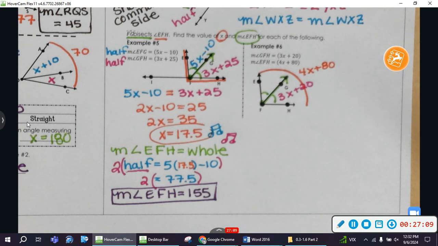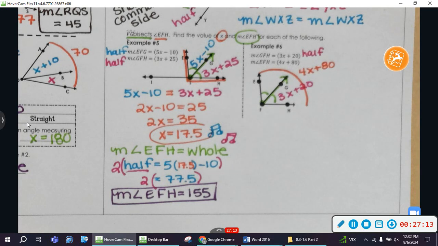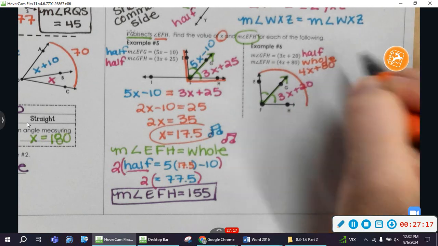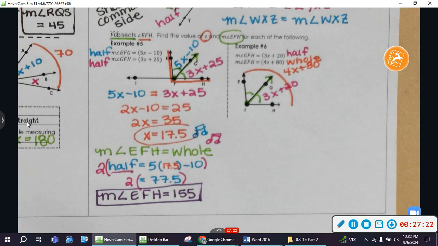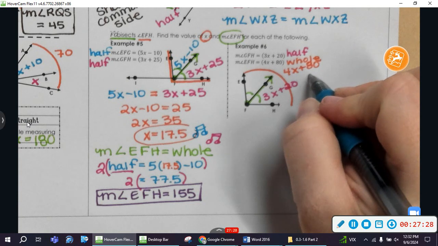So again, in words, this is half, and this is whole.